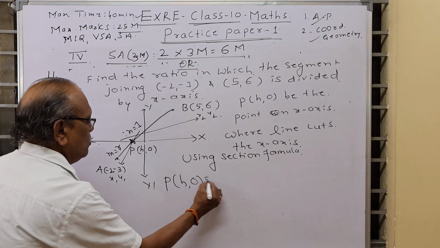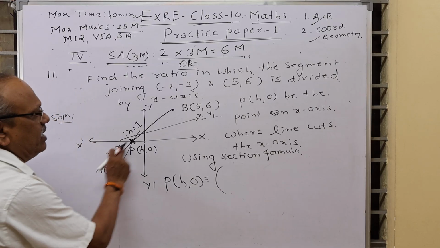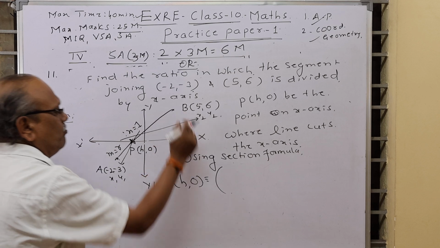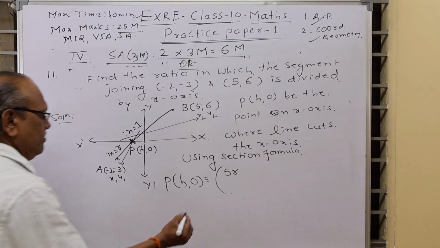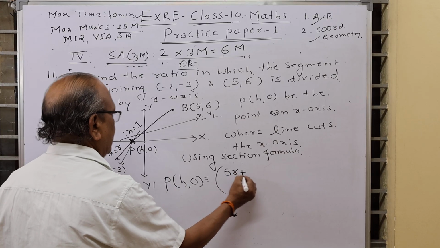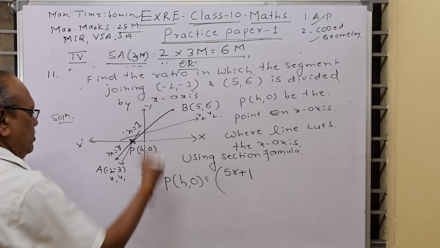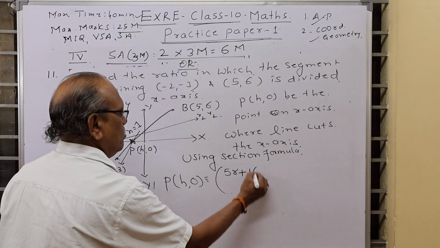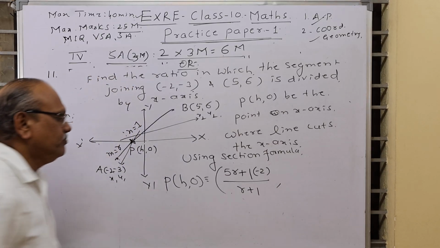P(h, 0) is equal to, you can take mx2. What is m here? m is r, x2 is 5. r into 5 becomes 5r, plus nx1. What is n here? 1. What is x1? x1 is minus 2, divided by m plus n, which is r plus 1.